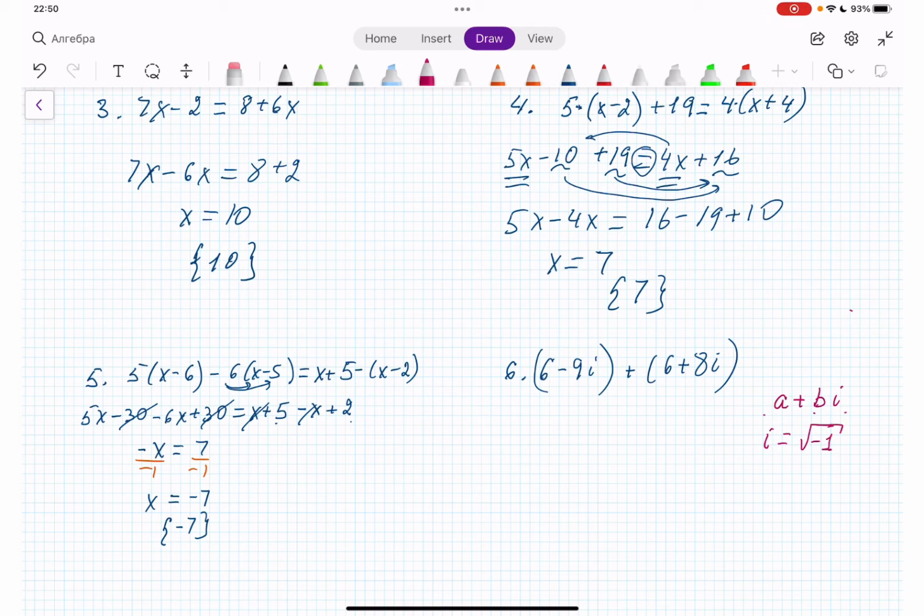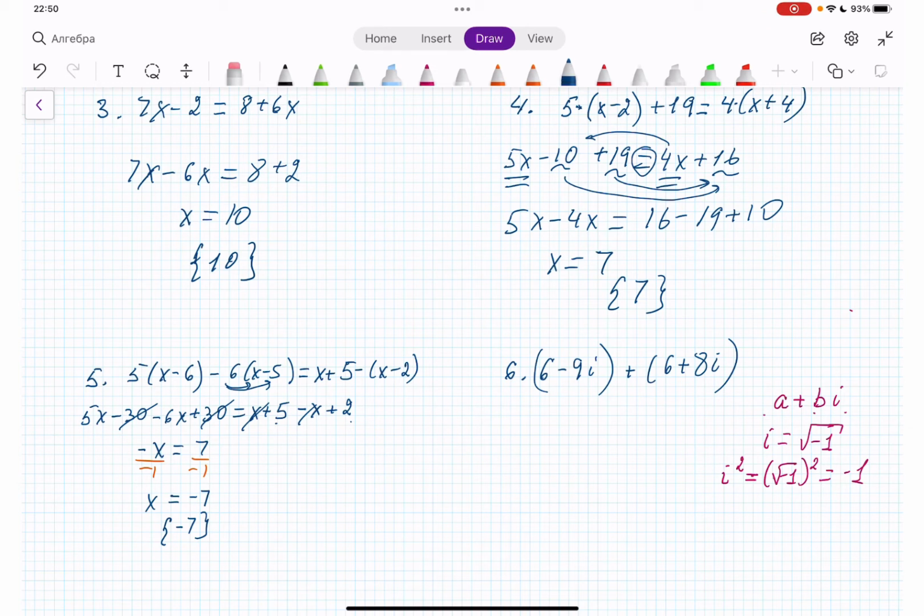Therefore, if I need to know i squared, it's going to be the square root of negative 1 squared, and it's going to be negative 1. Right? Okay. Now, in this example, we are going to combine like terms and simplify this expression.